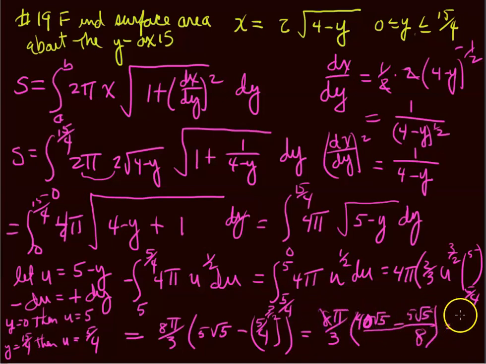So 40 minus 5 is 35 square roots of 5 times pi over 3. Oh, gosh. Can you see that? 35 square roots of 5 pi over 3. Man, I've got to write smaller.